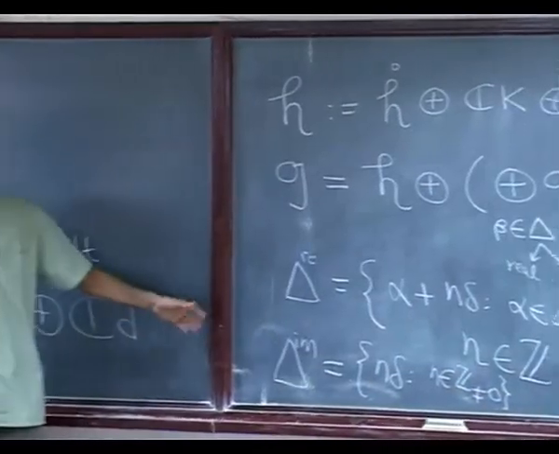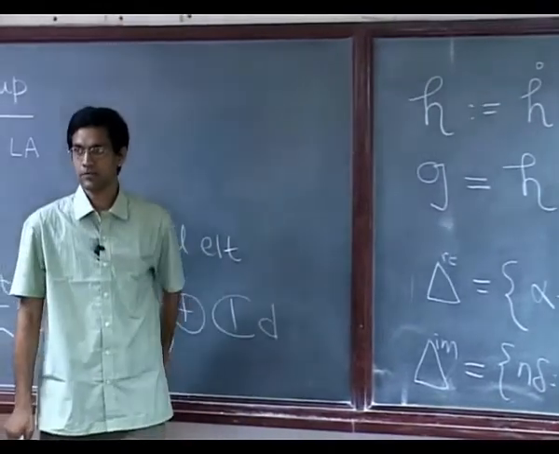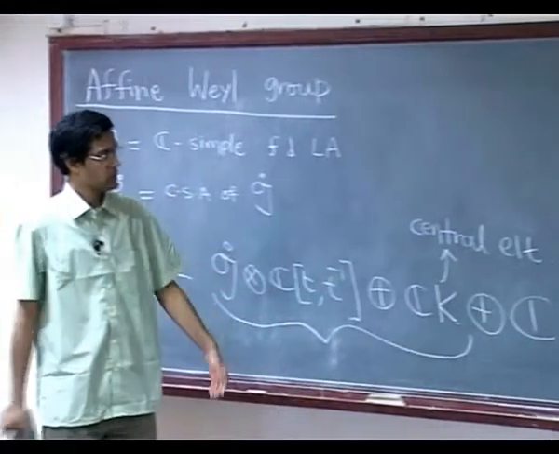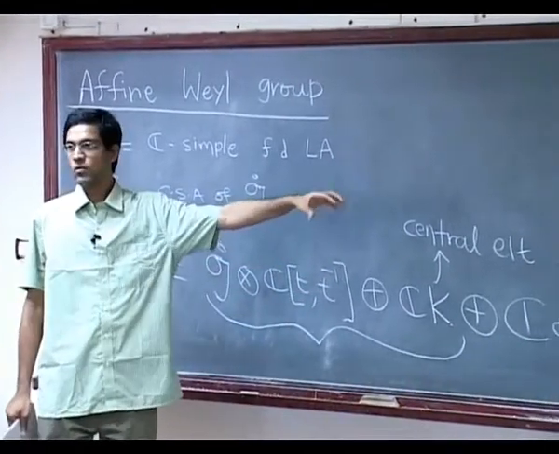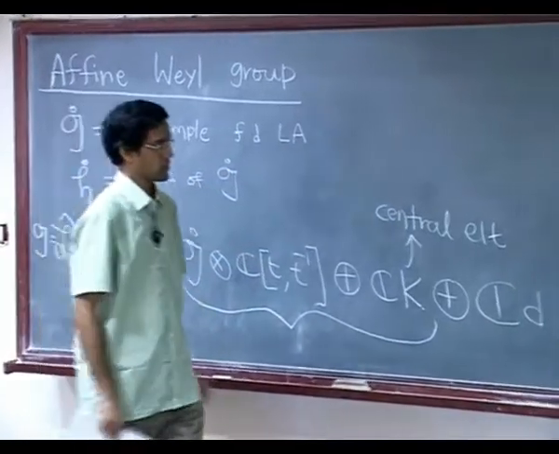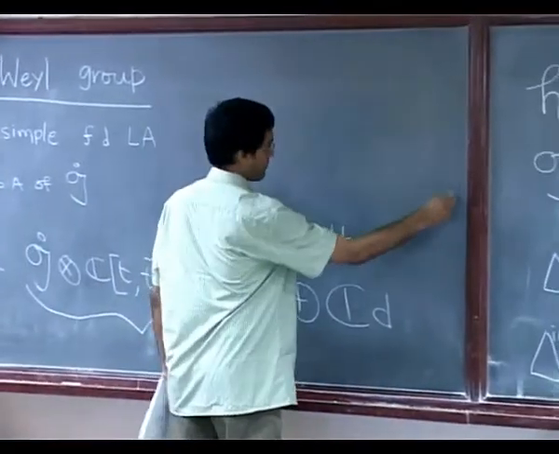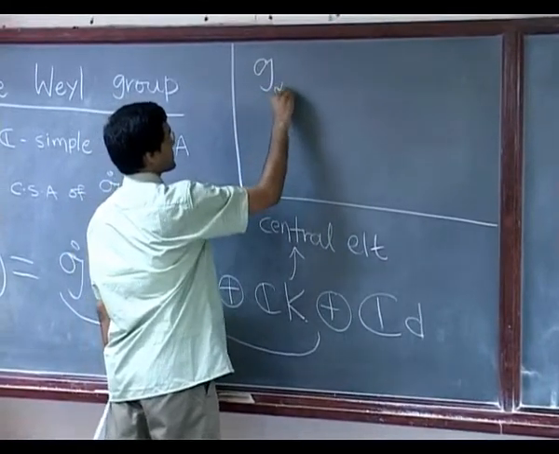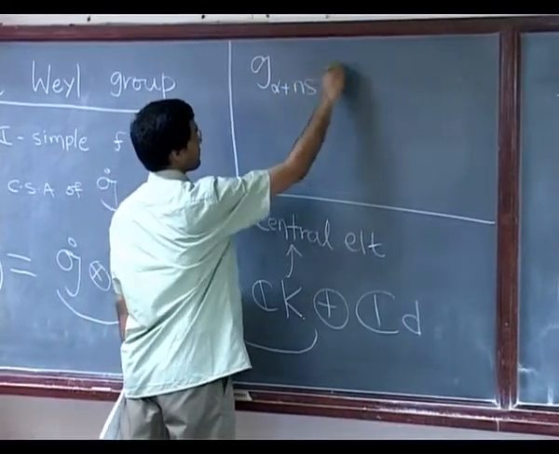Okay. And in fact, from the explicit construction of this Lie algebra in terms of the loop algebra and so on, one can further say what these root spaces consist of. For example, if we take the root space alpha plus n delta, what are these elements?